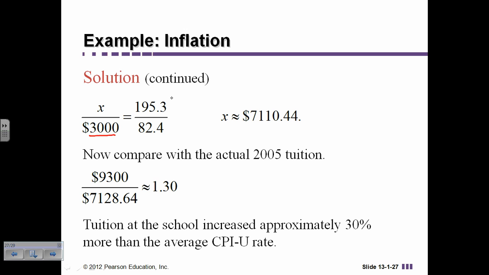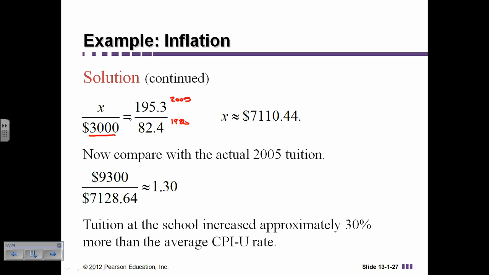In the chart, if you look at the 2005 year, you'll see the number 195.3. And if you look in the 1980 year, you'll see the number 82.4. And so now we're going to solve this by cross multiplying.